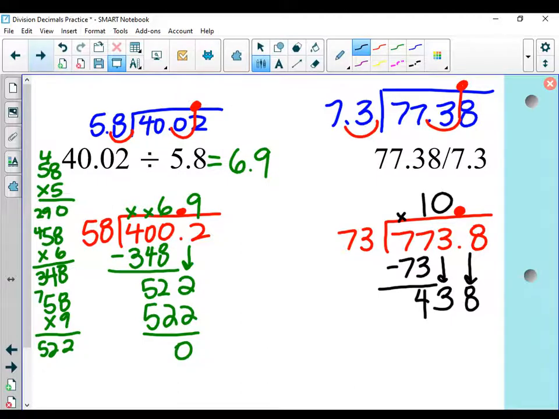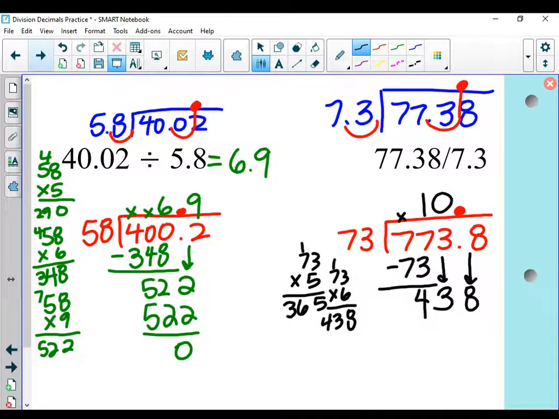Guess and check. Maybe I'll go with 5 again? Not quite big enough. Try 6. Guess and check over here.